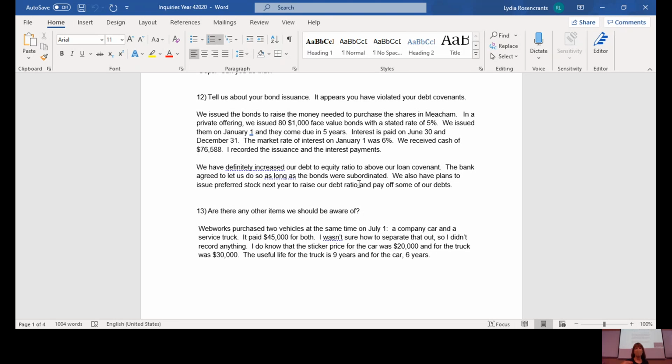Okay, so information about the bond. From your presentation, you may recall that bonds are very much like a loan, but they're a loan that you get from multiple parties instead of just a single party like a bank. They are purchased and sold on an open market, just like stock.